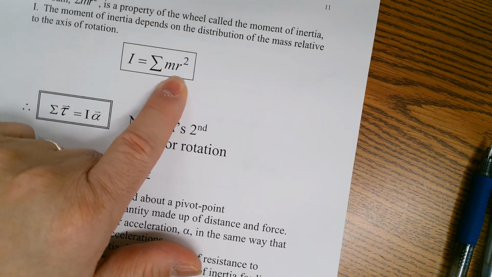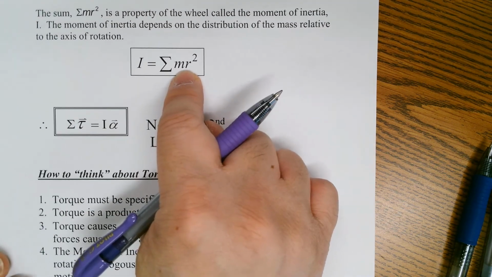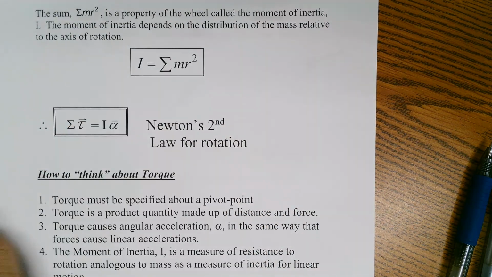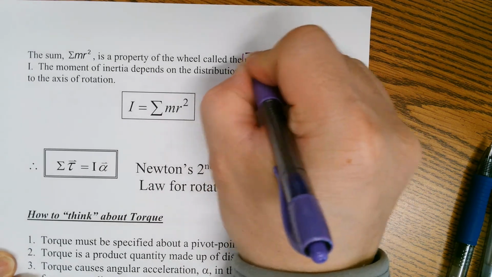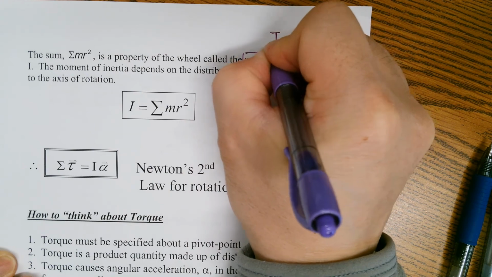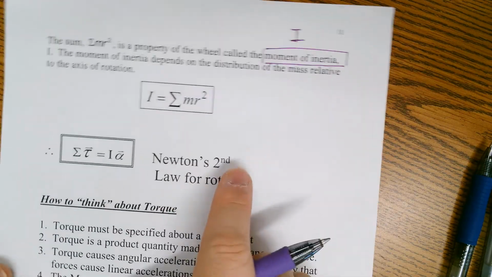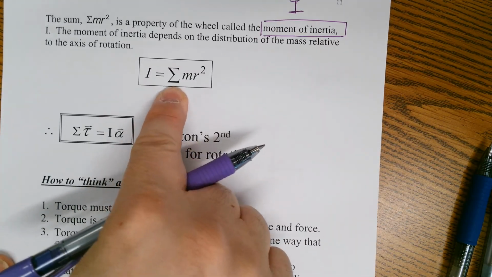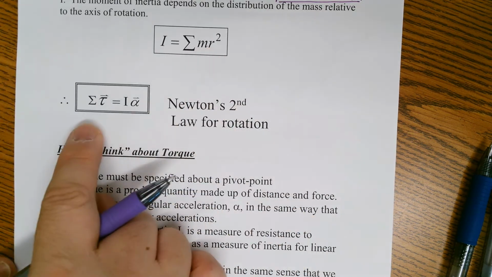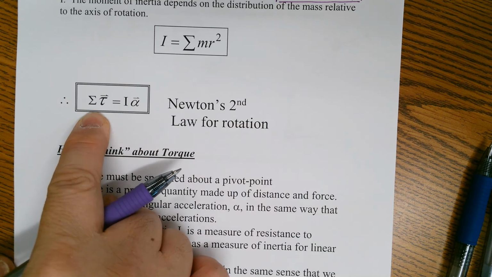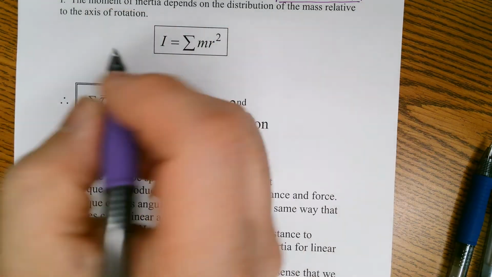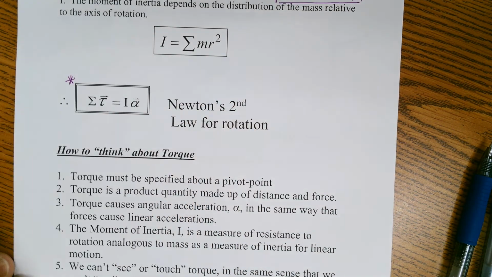The sum of all the M R squared is represented as I. So the moment of inertia is represented with capital I, and for a particle it is M R squared. So the sum of all torque is now equal to I alpha. This is Newton's second law of rotation.